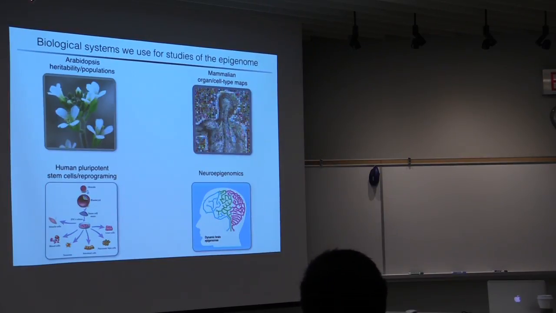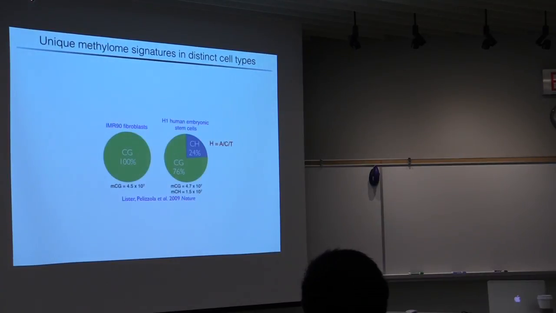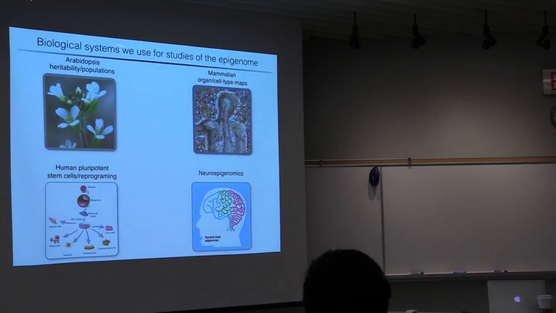There are other questions that you can address. Let me go back here. For example, in Arabidopsis, about heritability, we're looking at populations. So we just recently published a paper with a large collaborative group to look at thousands of strains across the globe, collected from all different environments, from more or less desert environments up into Sweden, and looking at both genetic variants and epigenetic variants of DNA methylation variants in those populations, and looking at the heritability of this information.